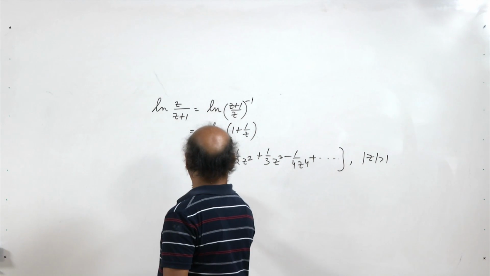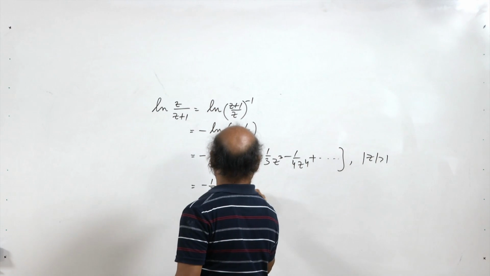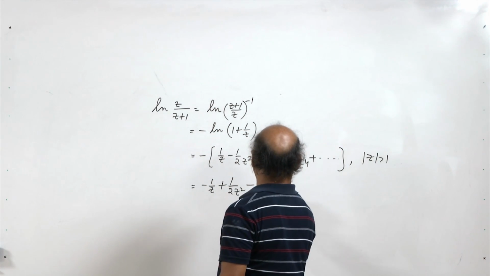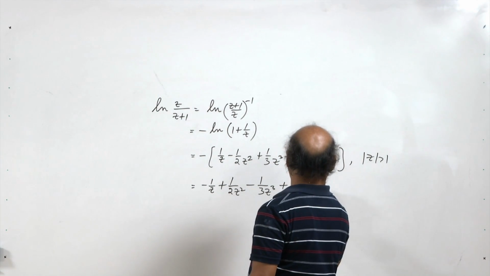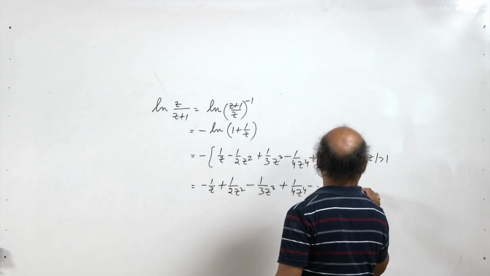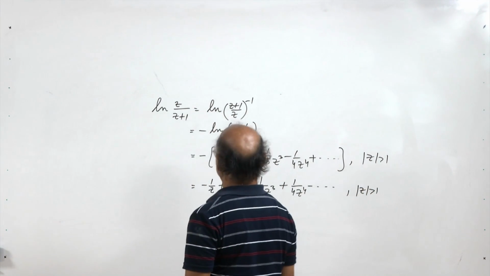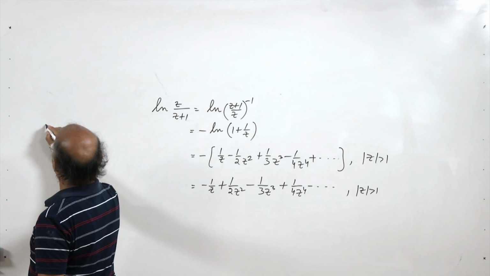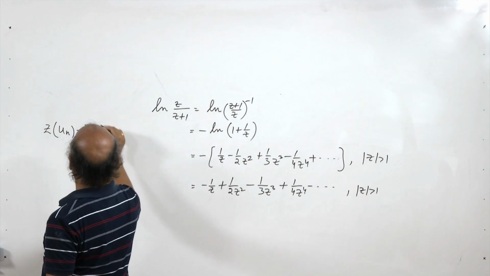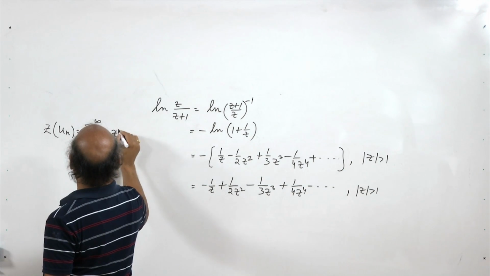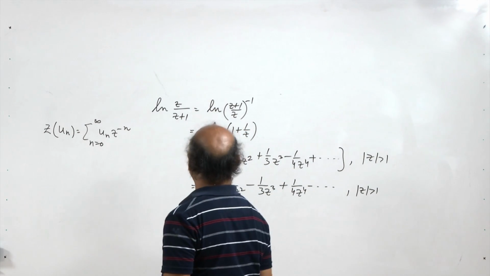So, I can write it as minus 1 by z plus 1 by 2 z square minus 1 by 3 z cube plus 1 by 4 z to the power 4, and so on. Now, comparing this infinite series with the sigma, we note that here there is no term which is free from z.